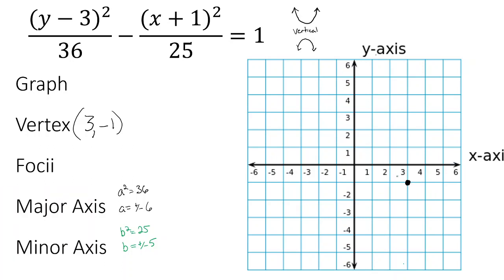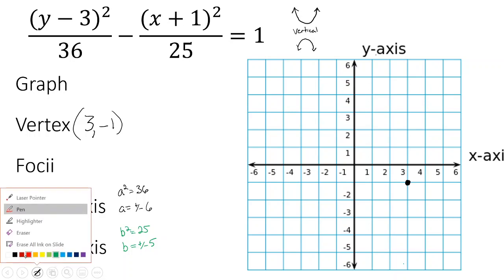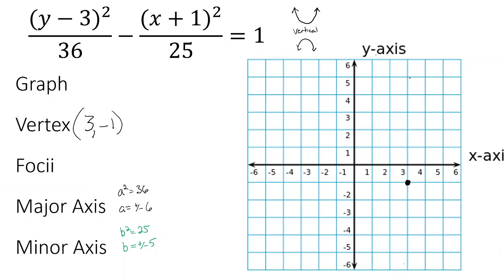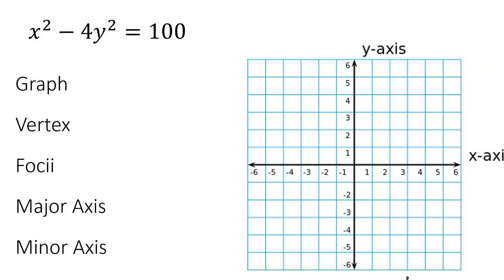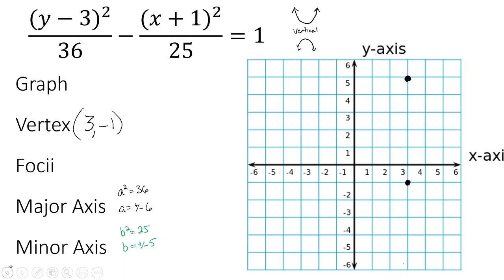If we're going up 6 and down 6, it's got to be up 6 from the center and down 6 from the center. So I move up 6 from here, 1, 2, 3, 4, 5, 6, and down 6, 1, 2, 3, 4, 5, 6.